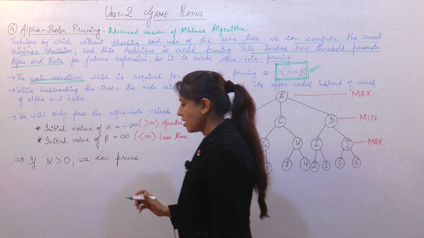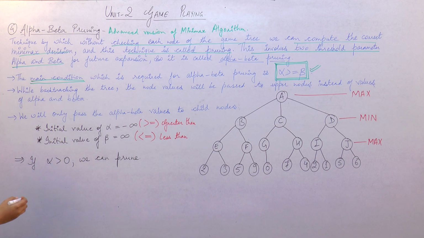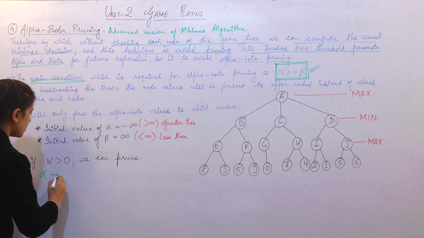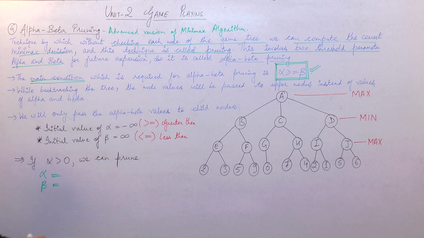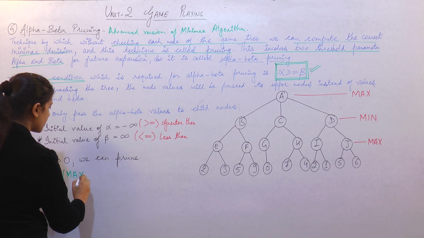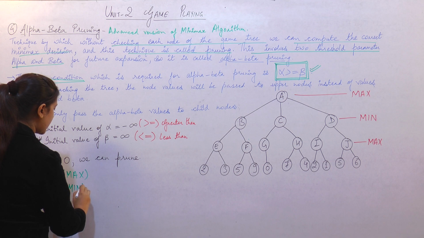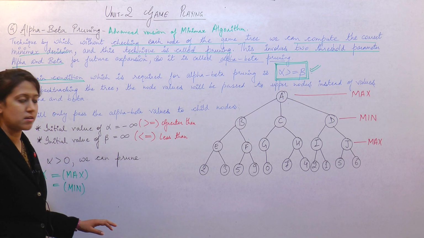Now let's first understand about alpha and beta. Alpha will act as the max player and beta will act as the min player. Max and min were the two players of the minimax algorithm.